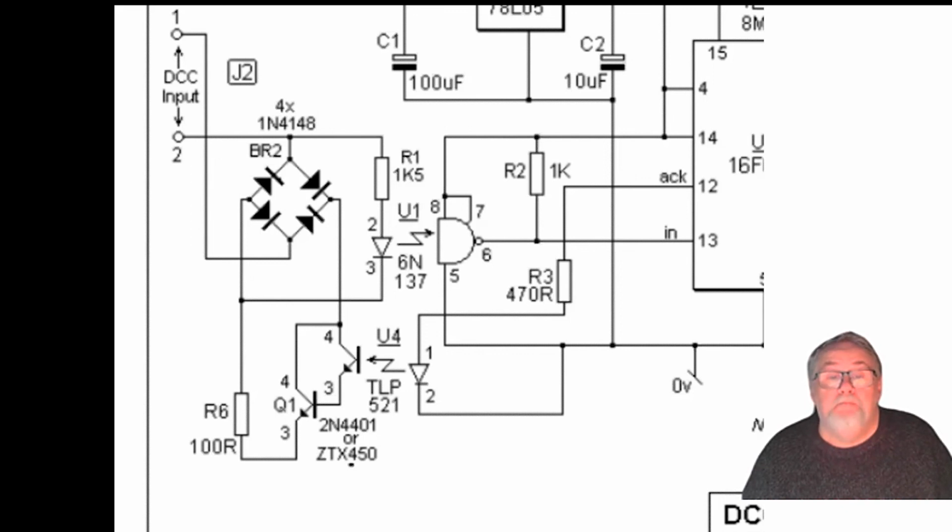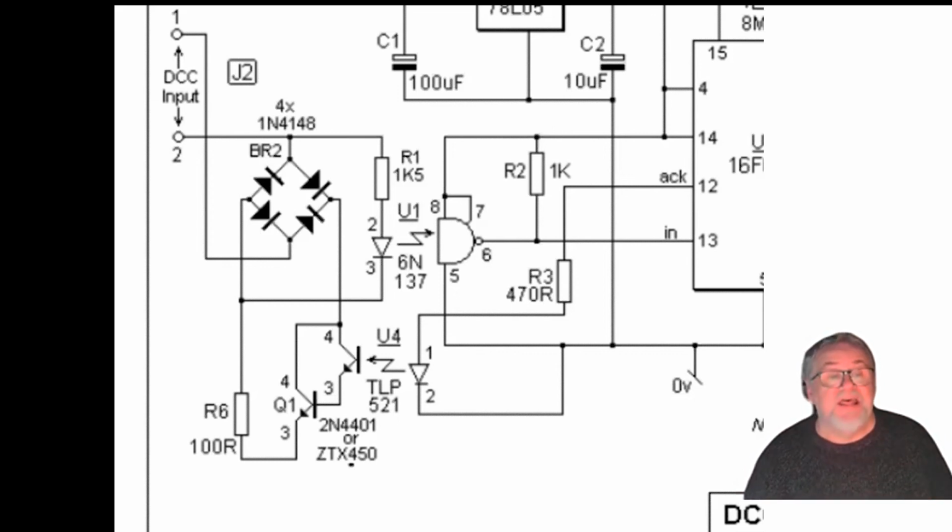When pin 12 of the circuit gets a 1 put on it, that turns on the LED of U4, which turns on the transistor part of U4, which shorts out that diode bridge, and so effectively flattens the voltage on the DCC. So I take it this is an acknowledge signal back for DCC, maybe part of the RailCom system, or maybe part of a signaling system for letting the DCC signal send a signal back to the base.